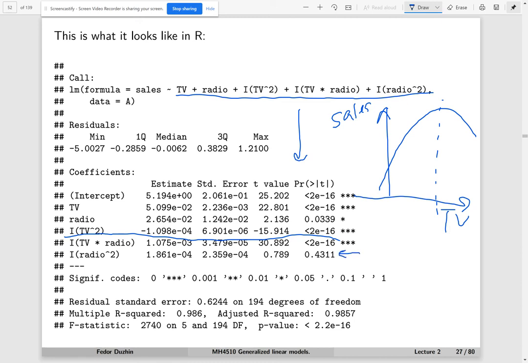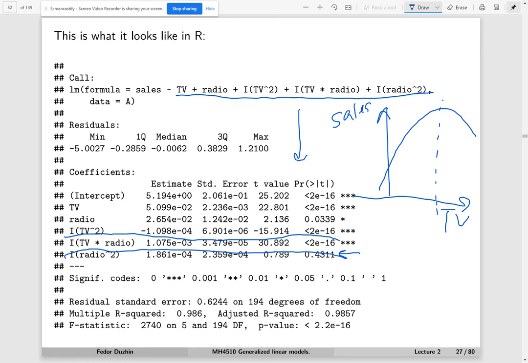While at the same time, notice that the coefficient at radio squared is not statistically significant, which means that the true value, for all we know, could be positive, could be negative, we don't know, right? But the funny thing about it is that if we just delete it from our model and redo our model, then the statistical significance could change.